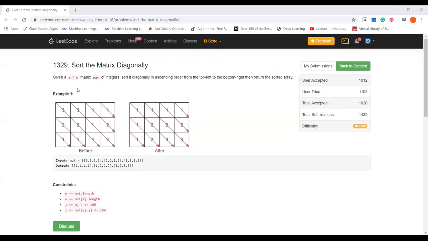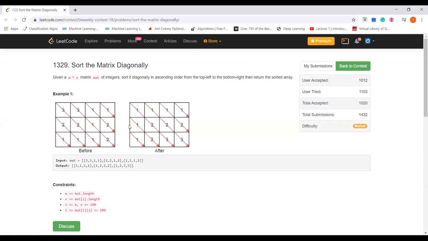Okay, so the question says that we have a 2 by 2 matrix and we need to sort it diagonally, as you can see these arrows. For example, let's consider this one, 3 2 1 1. For the answer, we'll have to make it such as 1 2 3. Similarly, for this case, diagonally it goes 2 1.